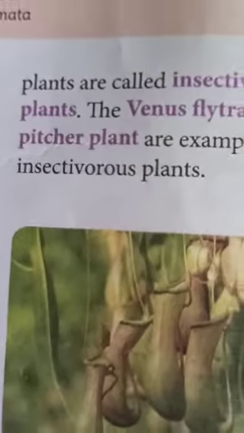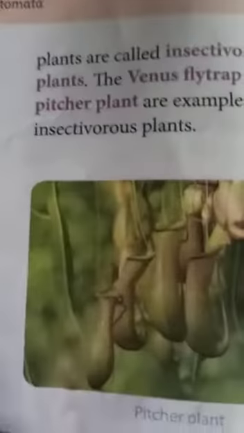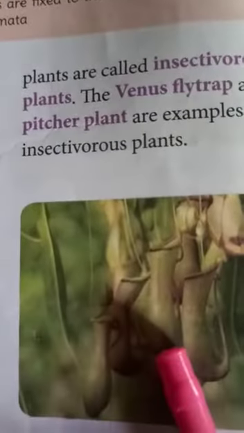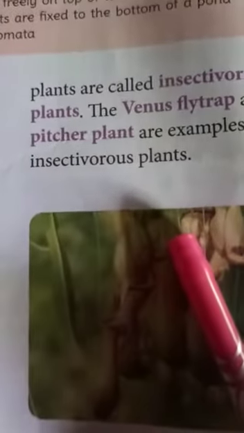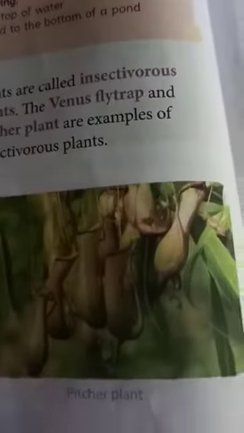The walls also have hairs pointing downwards, so when an insect falls in, it is trapped and digested. Inside this container we have nectar. When an insect comes in to take the nectar, the lid gets closed, and then the plant takes the nutrition from the insect. This is how a pitcher plant works.